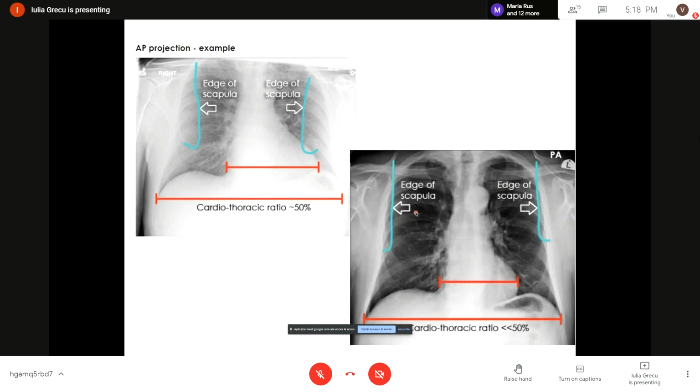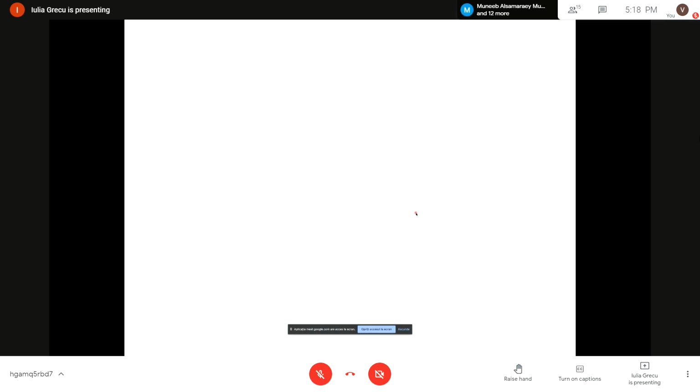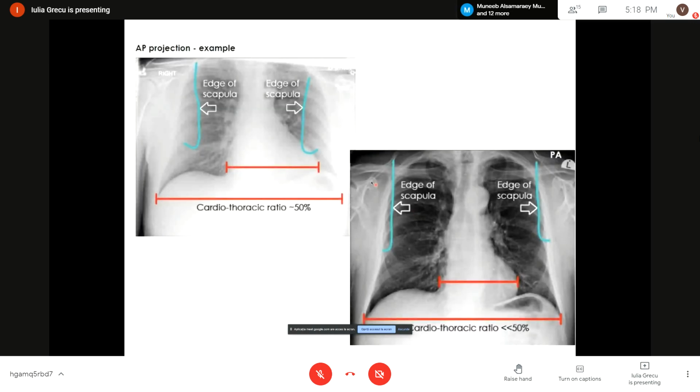This is what I was talking about. It is the same patient examined in supine position on anterior posterior projection. When the scapulas are projected on the lungs, the heart is falsely enlarged just because of the position.